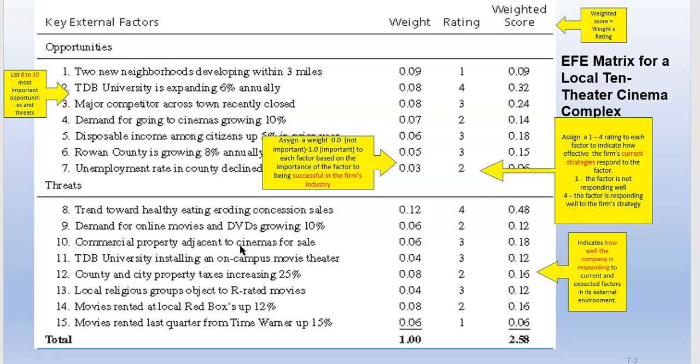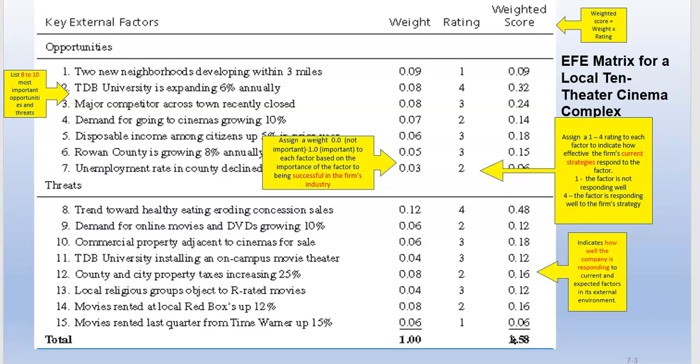Finally, note that the total weighted score of 2.58 is above the average midpoint of 2.5. So that means this cinema business is doing pretty well, taking advantage of the external opportunities and avoiding the threats facing the firm.